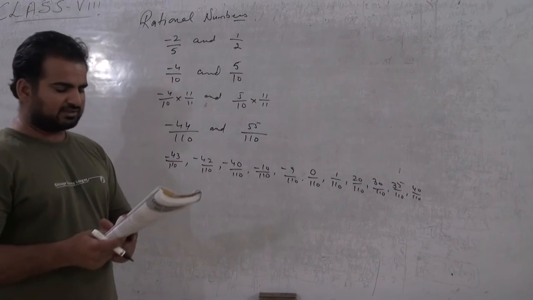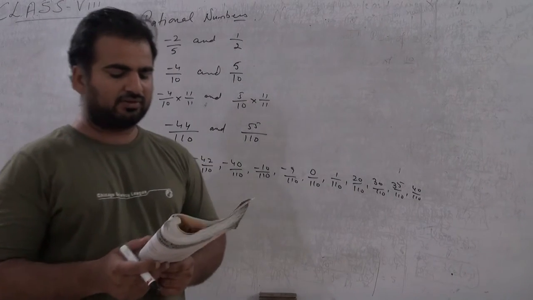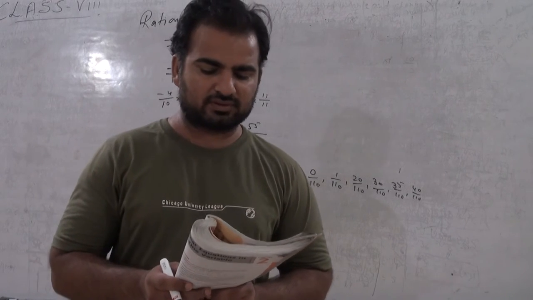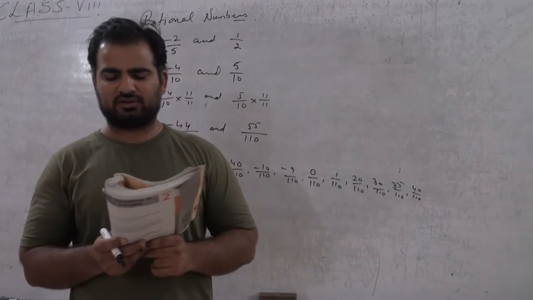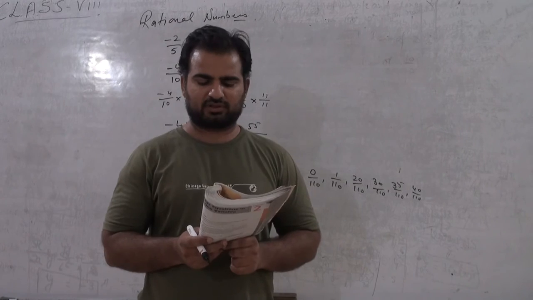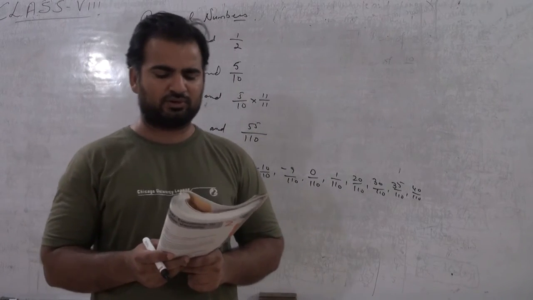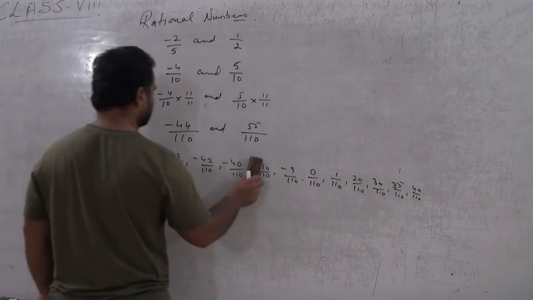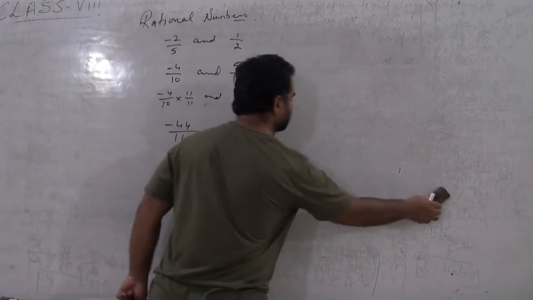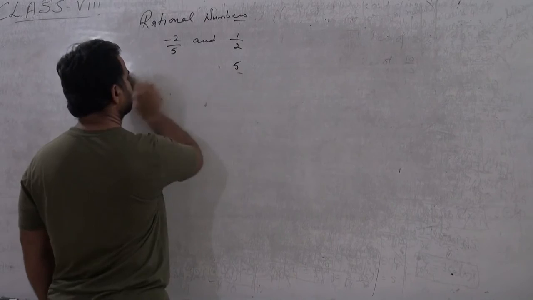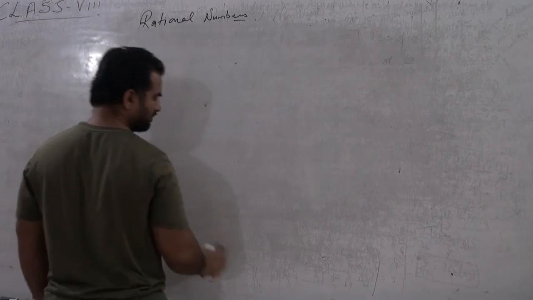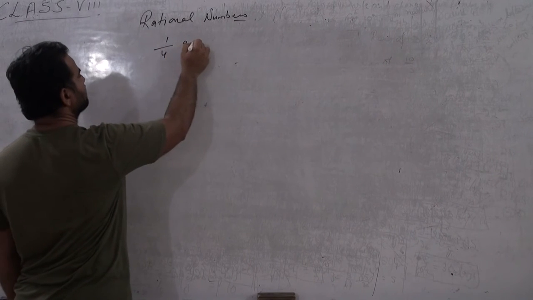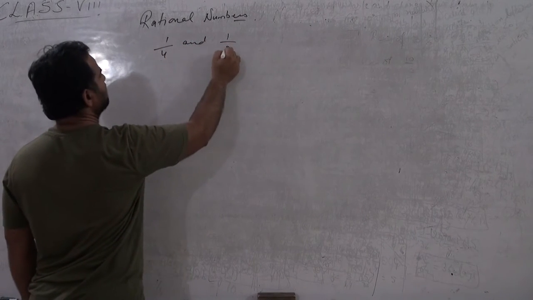Next is find 5 rational numbers between. I am doing question number 3: 1 by 4 and 1 by 2.